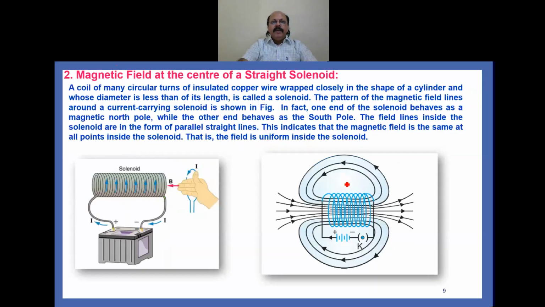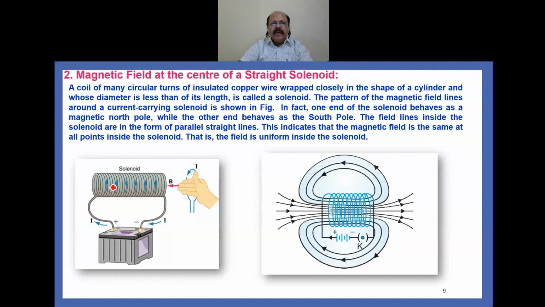Now, the second application of Ampere circuital law: magnetic field at the center of a current carrying straight solenoid. First, understand what a solenoid is. A solenoid is basically a long insulated copper wire in the form of a helix whose length is very large in comparison to its diameter.